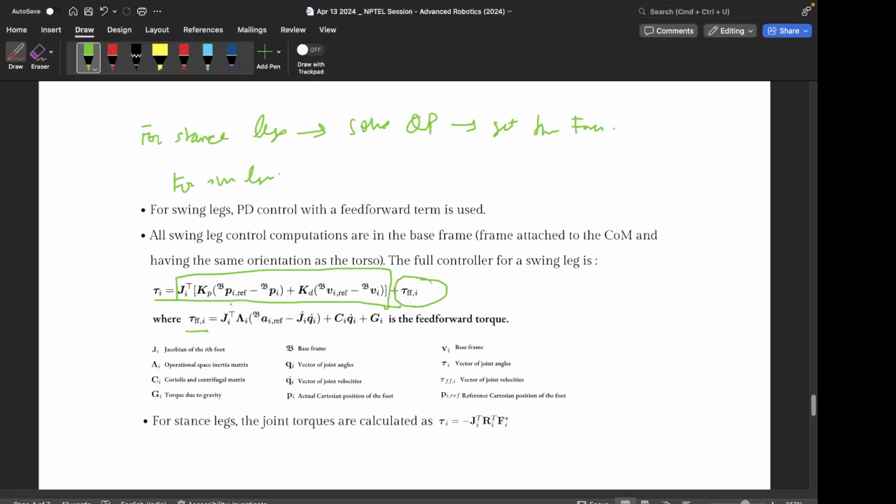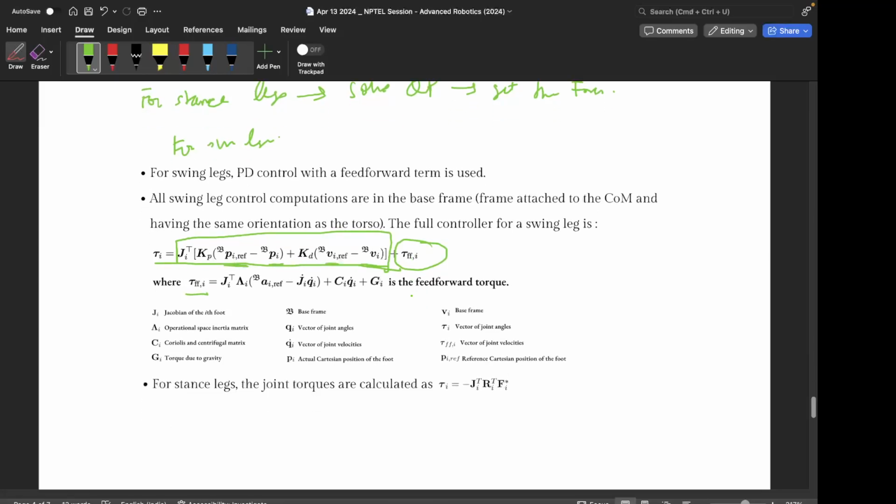So this is the task space formulation, because this is the position in the task space and this is the velocity in the task space. So it is PD in the task space with a feed forward component added to it, and that gives us the torques for the swing legs.